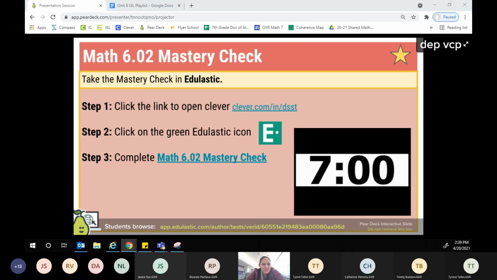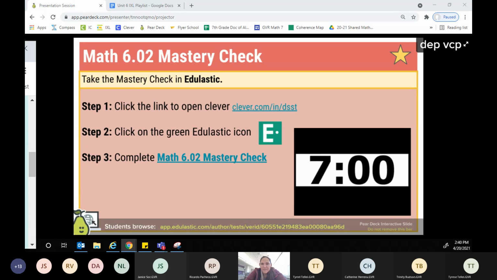Take your time, y'all. I'm seeing some of us already done. If you're done, you can go back to IXL because we still got about 6 minutes. Could you put the Pear Deck on student pace? Yeah, I think I just did. Oh, thanks. Again, if you're done, let's go back to IXL.